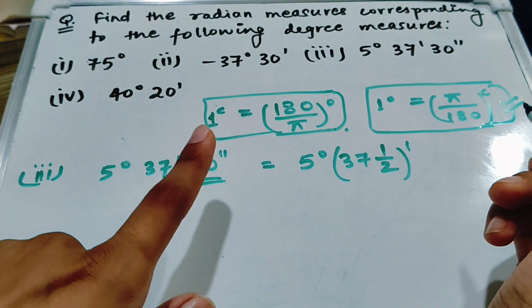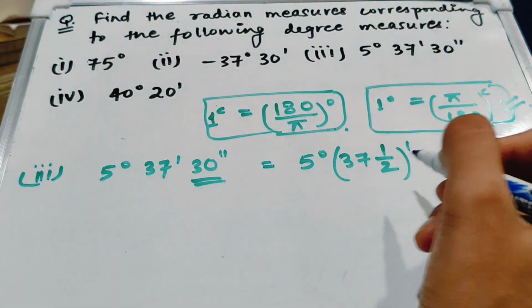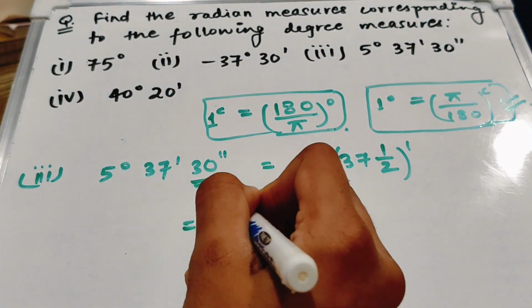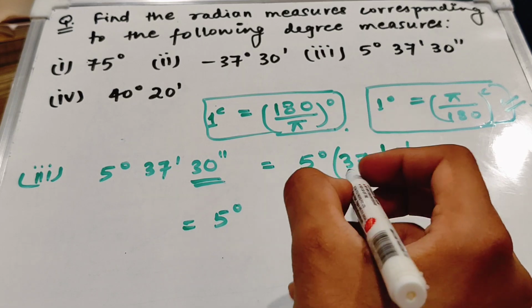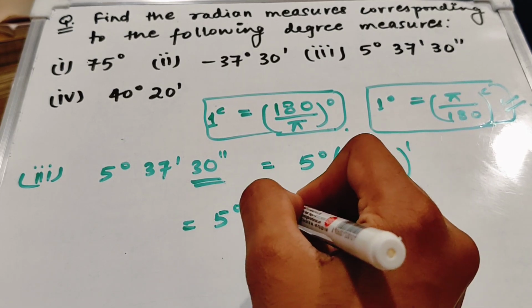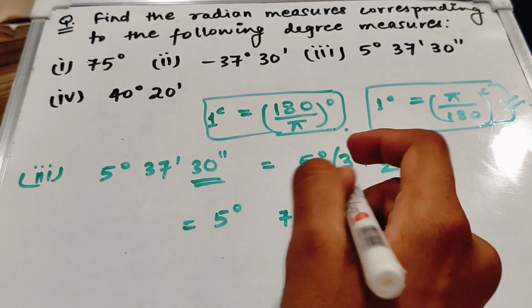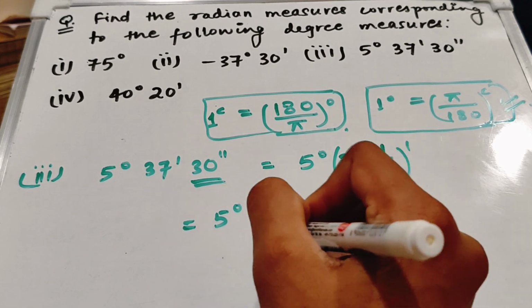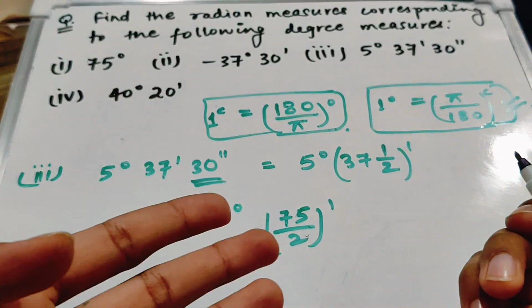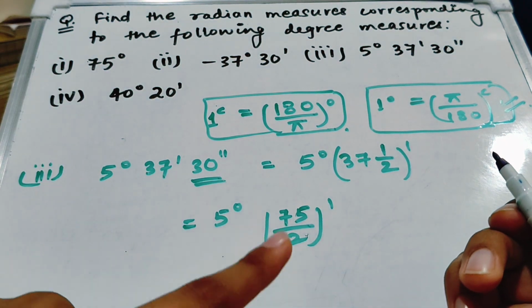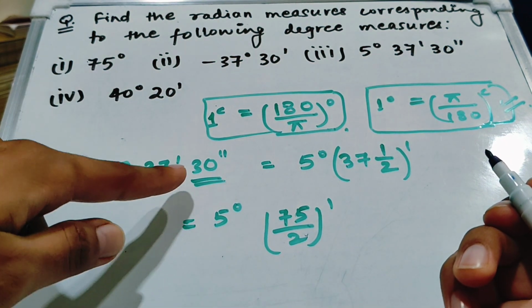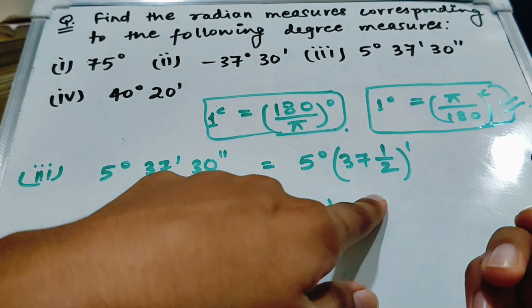We just divided this by 60 to get it in minutes. Now on solving this further, we will get 75 by 2 minutes, right?